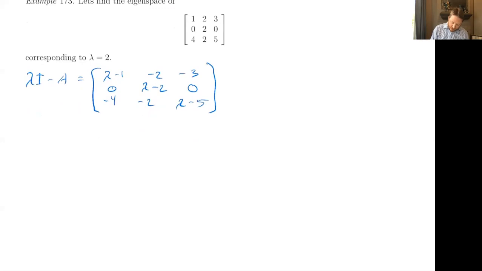Now we take lambda equals 2 and plug it in. So I get 1, -2, -3, 0, 0, 0, -4, -2, and lambda minus 5, 2 minus 5 is -3.